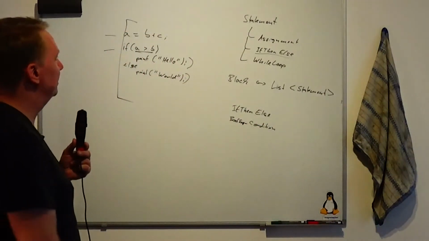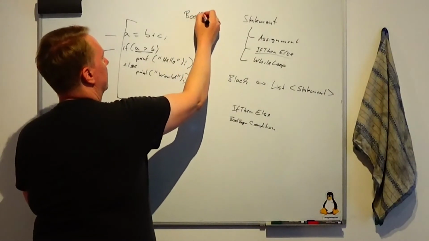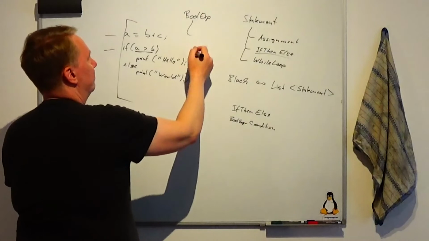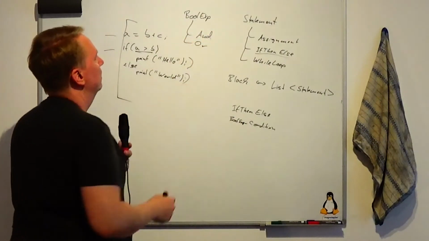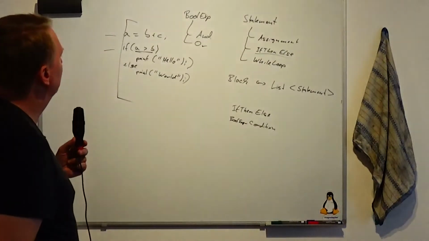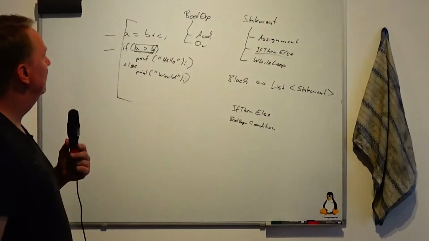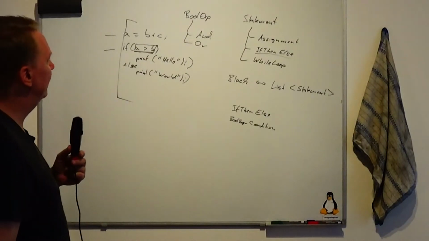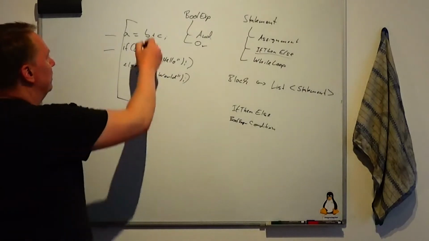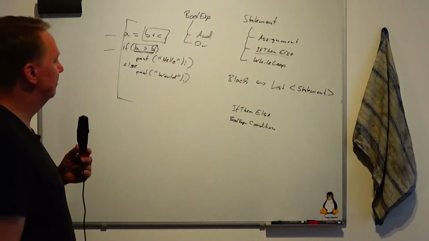The boolean expression will have subclasses like an and, an or, and so on. And it will also have comparisons like greater than, less than, equal to, stuff like that. We will need a class for arithmetic expressions like b plus c.